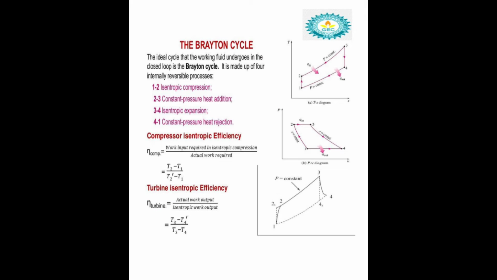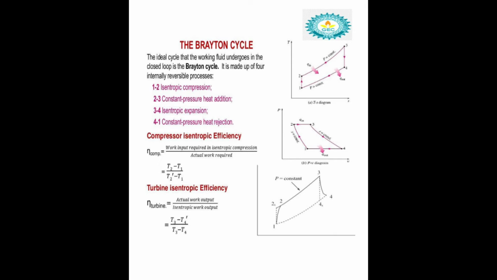A gas power plant works on the Brayton cycle. Now let us discuss about the Brayton cycle. The Brayton cycle has four processes, and see the diagrams in the video: temperature versus entropy diagram and pressure versus volume diagram.